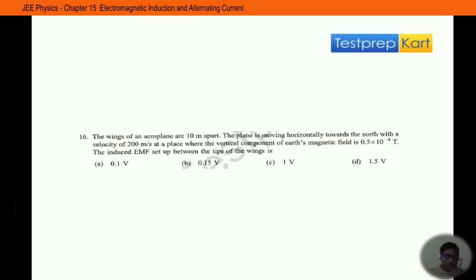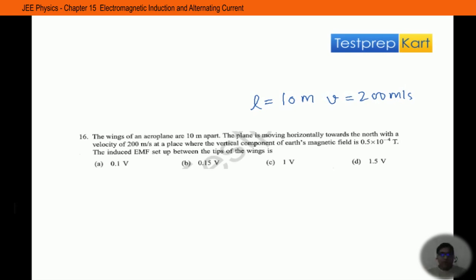It is saying the wings of an aeroplane are 10 meter apart. So again we can take this length, the distance between two wings is 10 meter, okay, and the plane is moving horizontally towards the north with velocity 200 meter per second. So V is given, that is 200 meter per second.